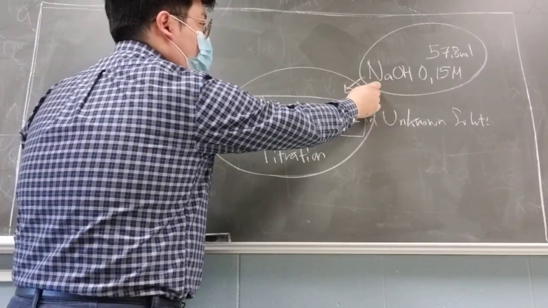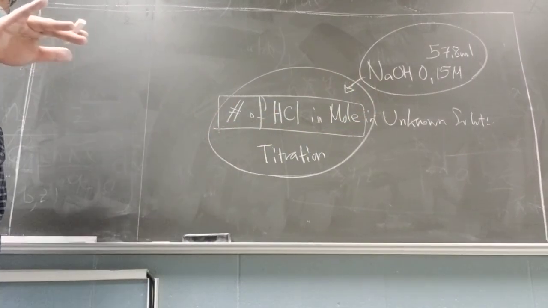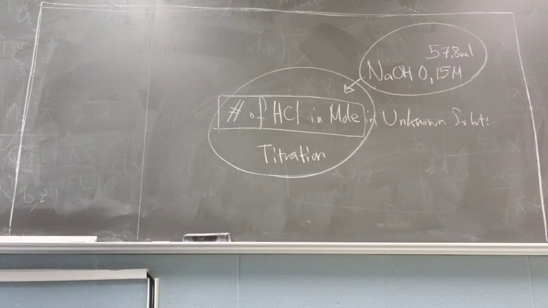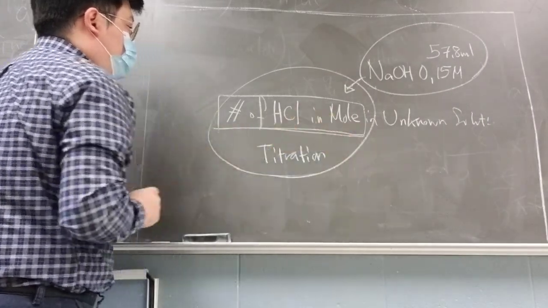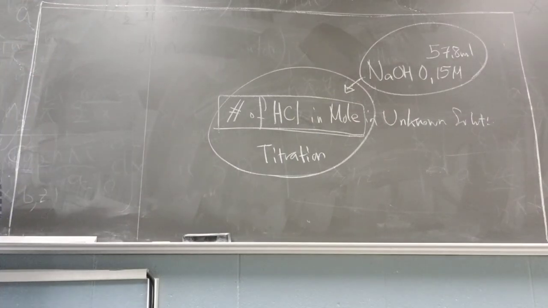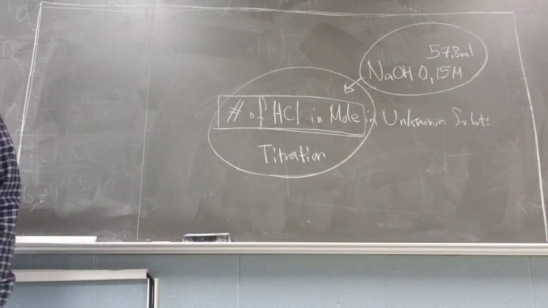So this is one. You titrated it with this much, and now this is the time you saw that it's passing through the equivalence point and pH change. And what was the initial moles of HCl in the unknown solution? Okay? I'll give you about 2 minutes. I don't think it's very difficult, but if you know the trick, I'll tell you the trick.